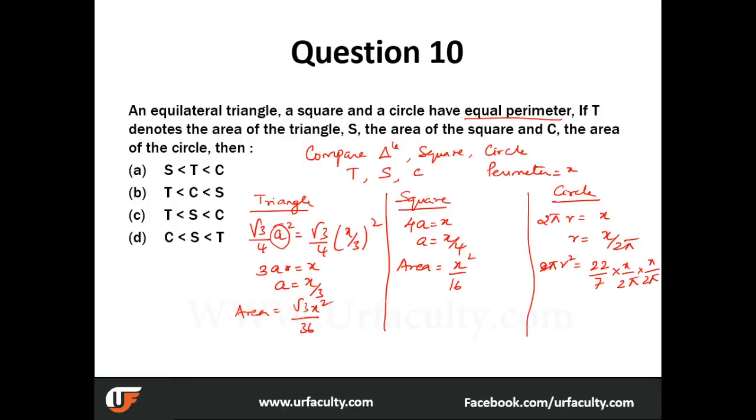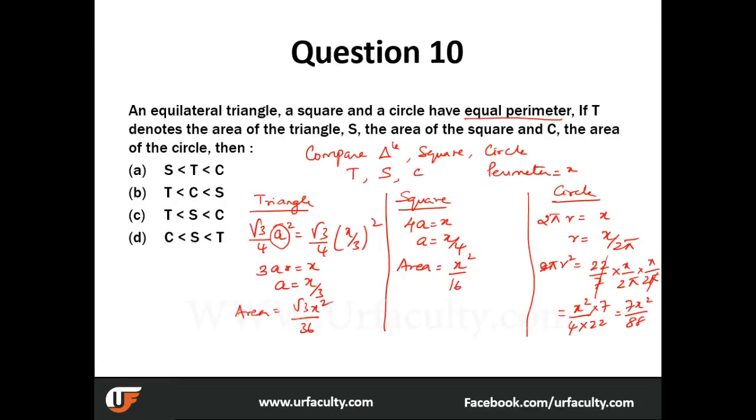Okay, because this can be pi, so I'm going to cancel this off. So your answer is finally x square by 4 pi. 4 pi can be written as 22 into 7. So which is equal to 7x square by 88.